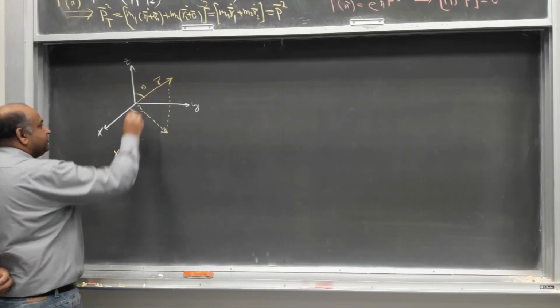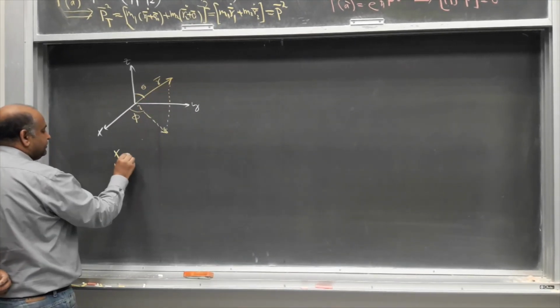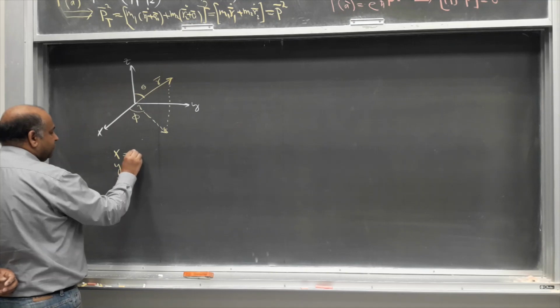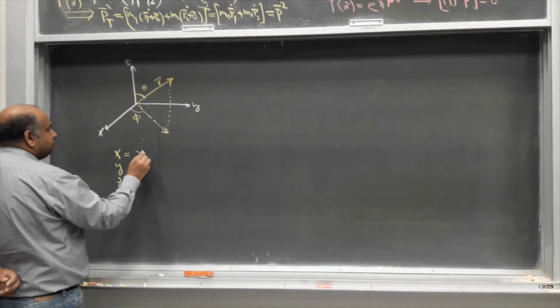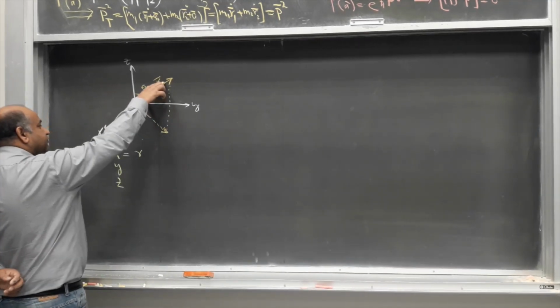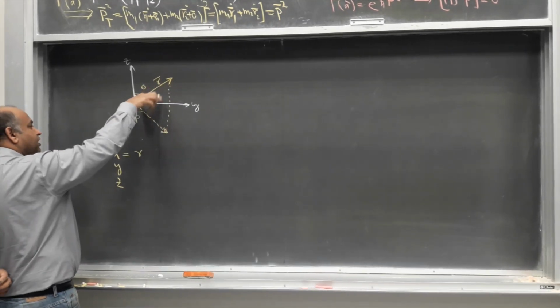So it means, and this length is r, that x can be written as r. So this is the r vector. If you project it here, this would become r sine theta.